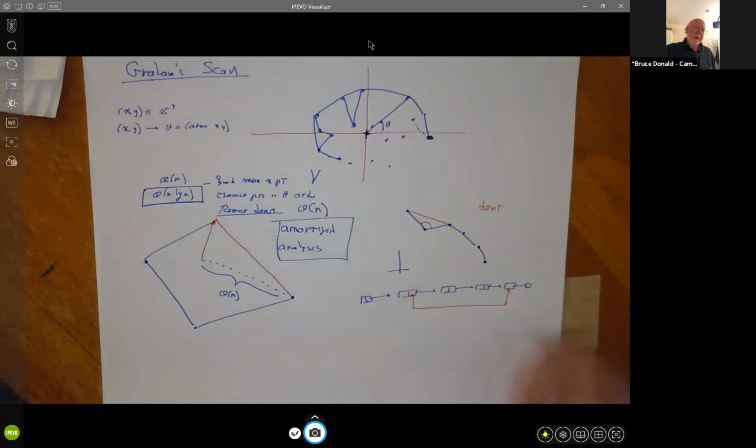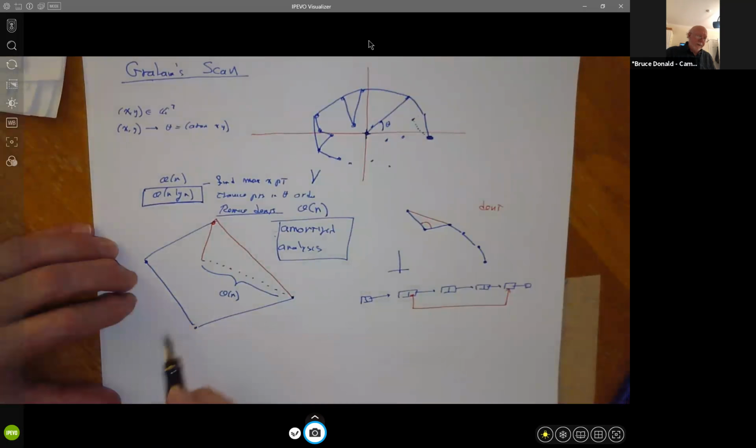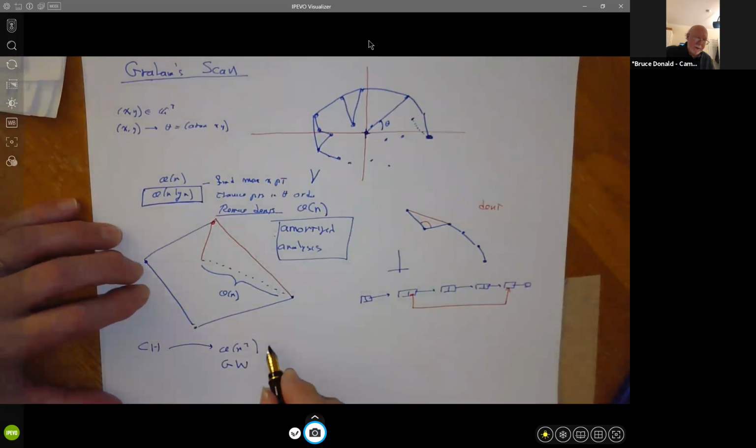Okay. So when you think about what we've done here, we looked at convex hull, which was a math thing. And then we came up with an order n squared algorithm, which was based on gift wrapping. And then we came up with two different kinds of algorithms, divide and conquer, which were order n log n, based on a recurrence.